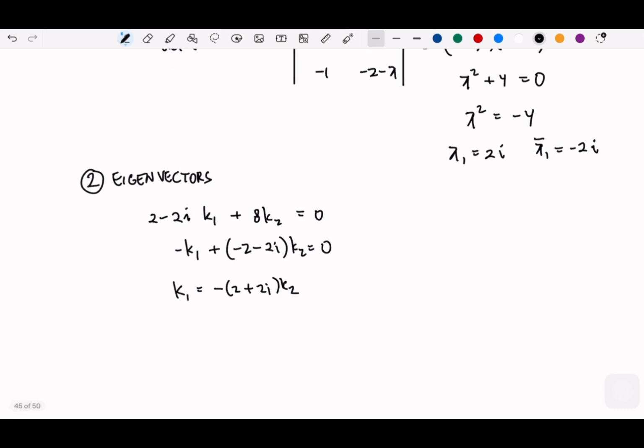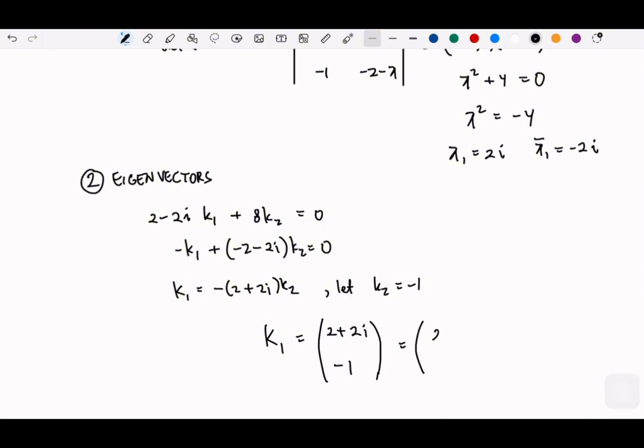Just playing with the negatives. And then if we let the k2 equal -1, then we have k1 is -1, and then this will be 2 plus 2i. Or we can separate this, becomes the real part and the imaginary part.